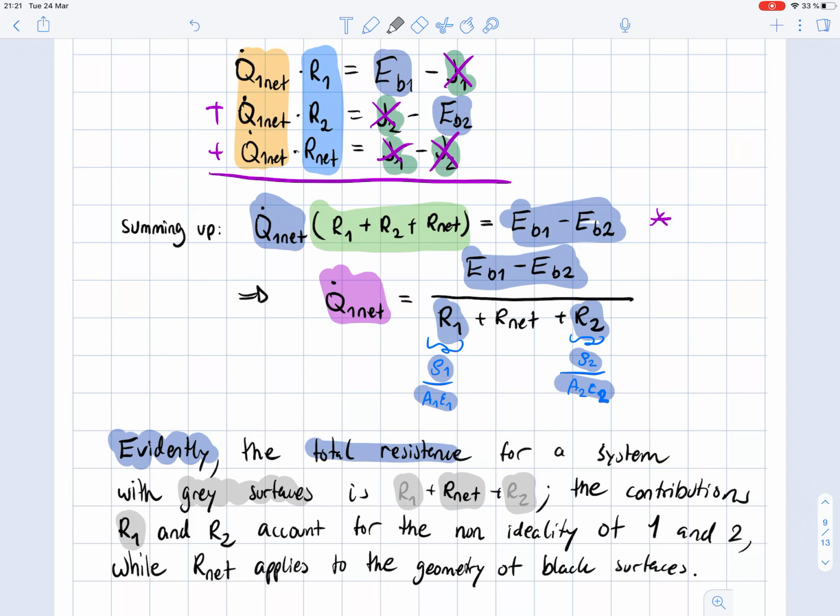And the contributions R1 and R2 account for the non-ideality or the grayness of surface 1 and 2. Why? Well, they depend upon the reflectivity, which is not equal to 0 for gray surfaces.